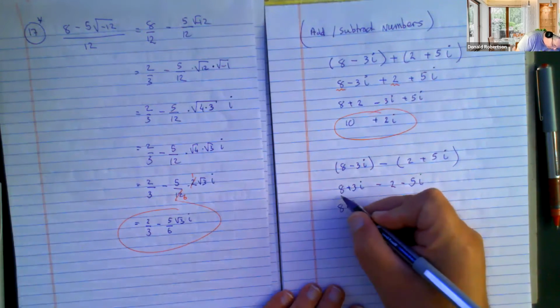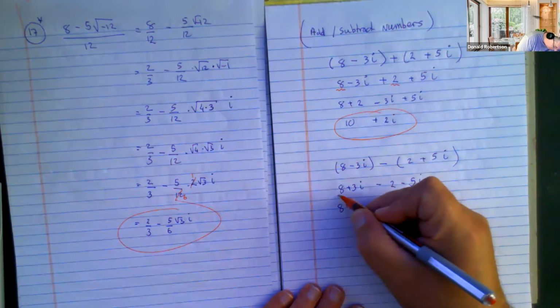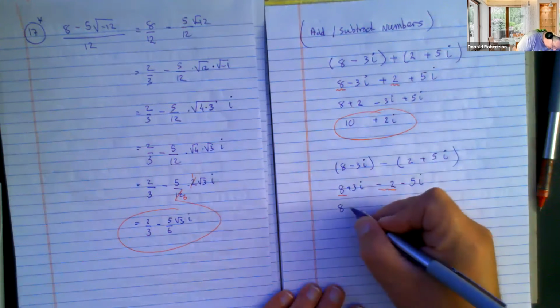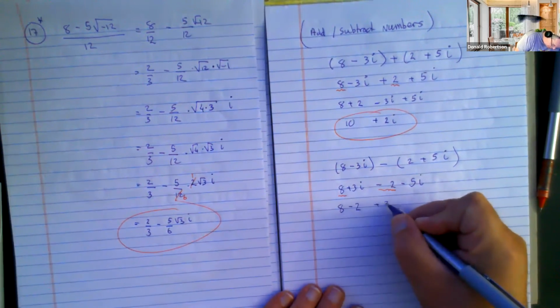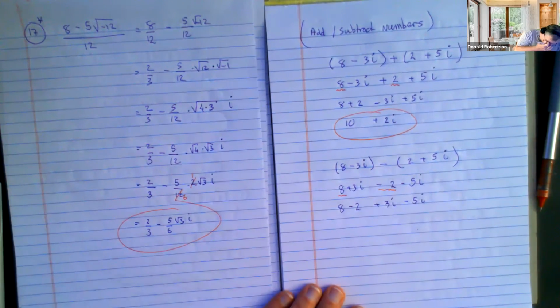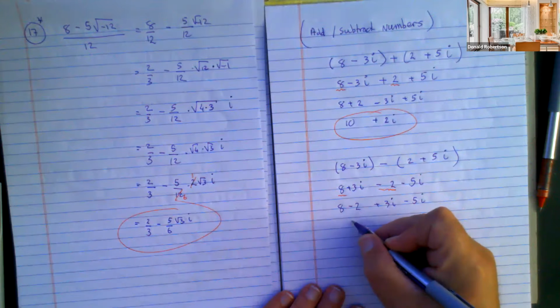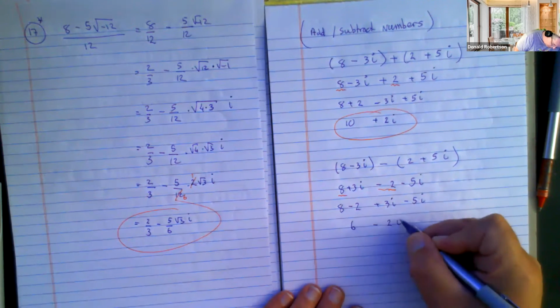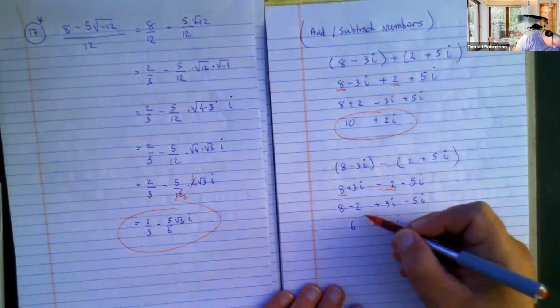And you collect like terms, so 8, negative 2. So that's 8 take away 2. And then you have a 3i minus a 5i. 8 take away 2 gets you 6, and 3 take away 5 leaves you with negative 2i. And you now have that as your answer.